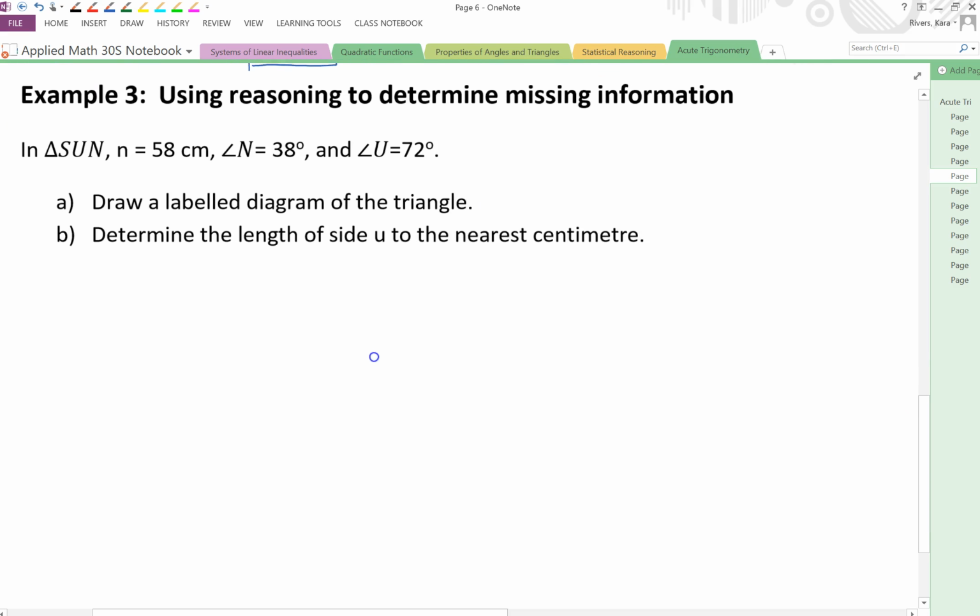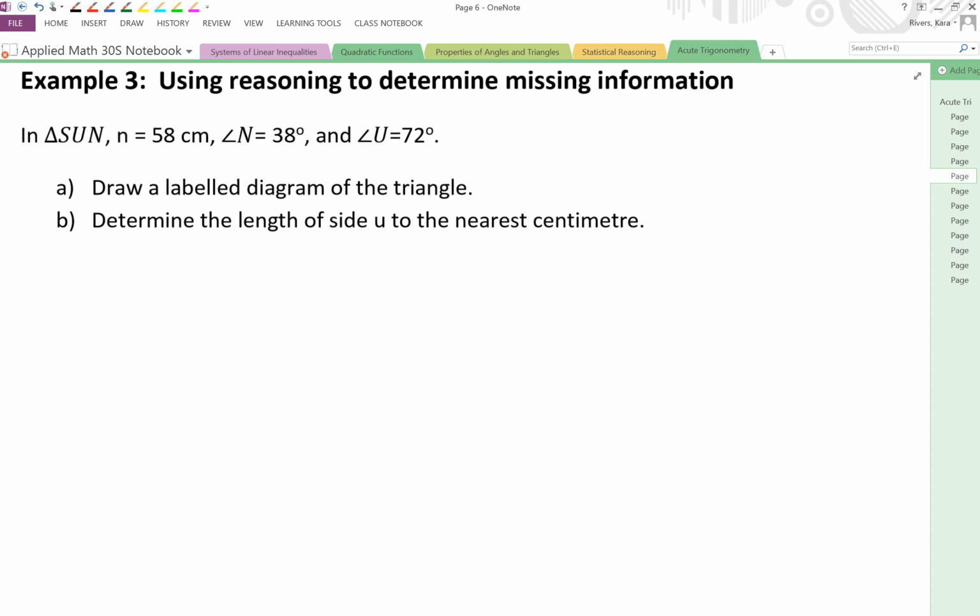Example 3 says using reasoning to determine missing information. So triangle SUN has n equal to 58 centimeters, angle N equal 38, and angle U equal to 72 degrees. So again, this is going to be a question where we're going to want to draw the diagram.